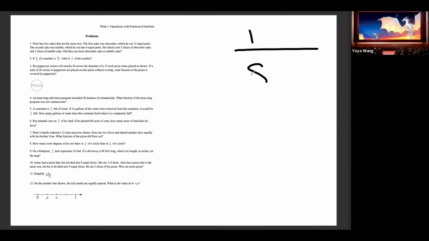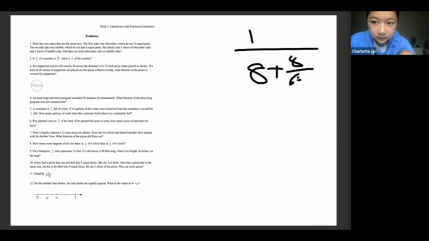So 1 over 8 plus 8 over 65. So you'll have to convert 8 so the denominator has 65. So it'd be 8 times 65 over 65.